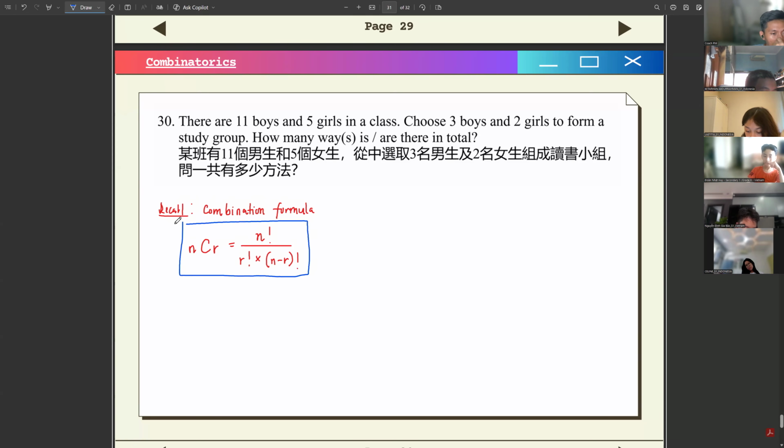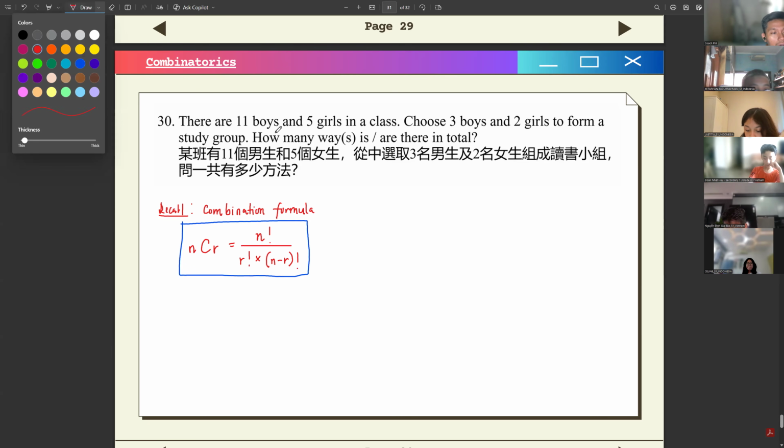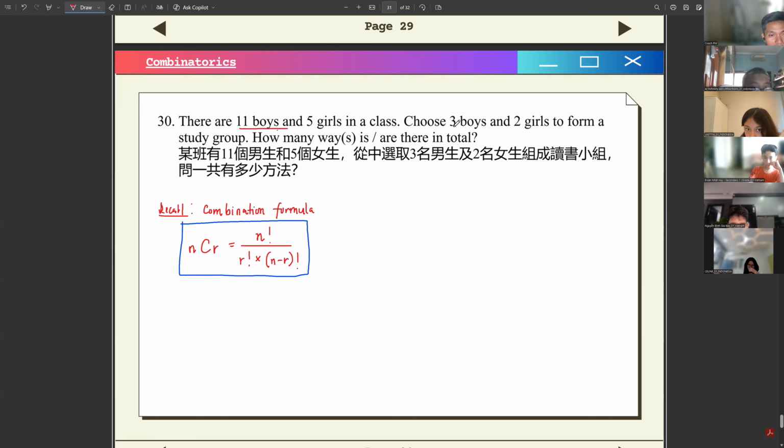So we use this combination formula when we're trying to choose this amount of people or this amount of items from the total amount of items. So for example, if we want to choose 3 boys out of 11, then that's 11 choose 3 or 11C3, right?